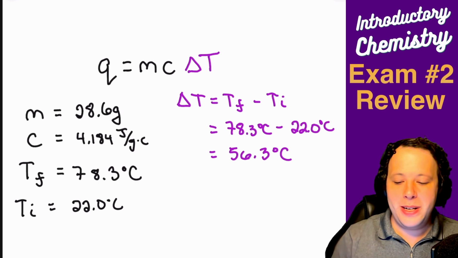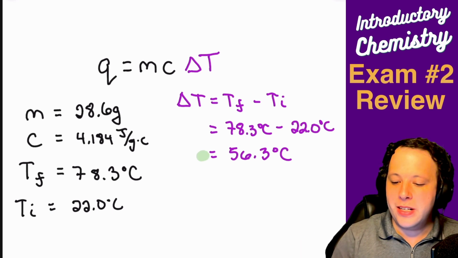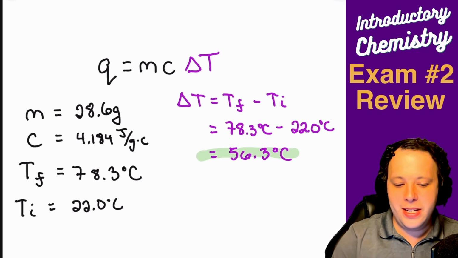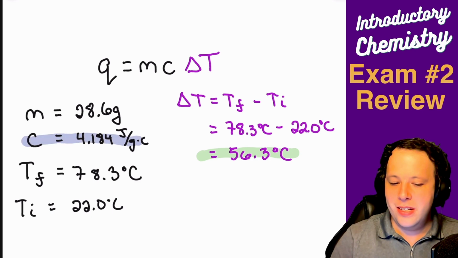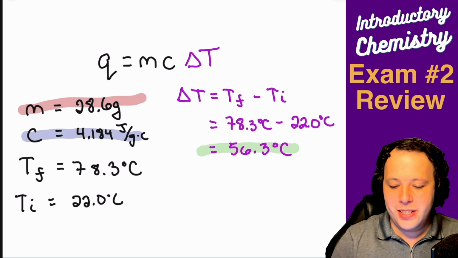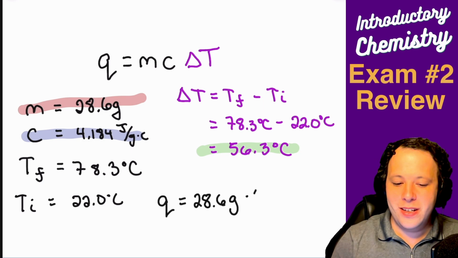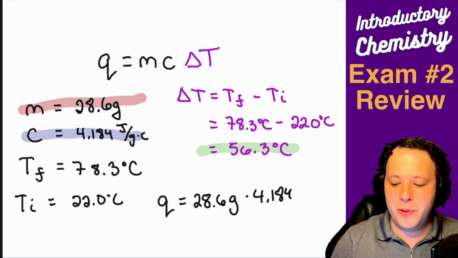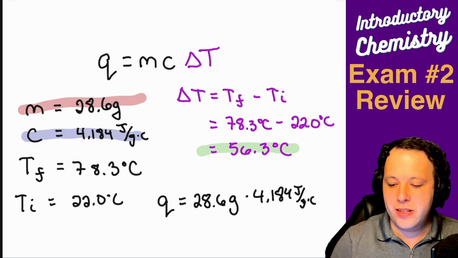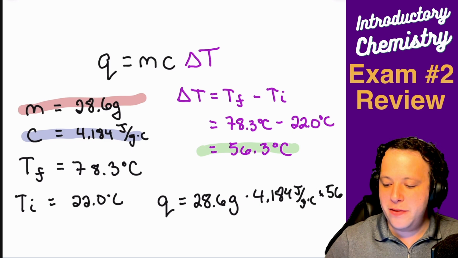Now we have every value we need to plug into this problem. We're going to take all these pieces and plug them into the MCAT equation. So what we'll have is Q is equal to 28.6 grams multiplied by 4.184 joules per gram per Celsius times 56.3 degrees C.